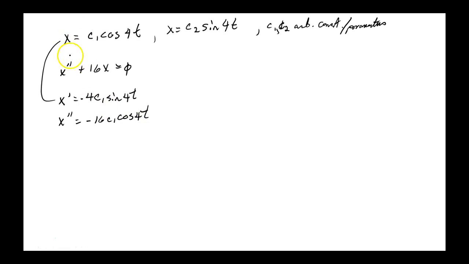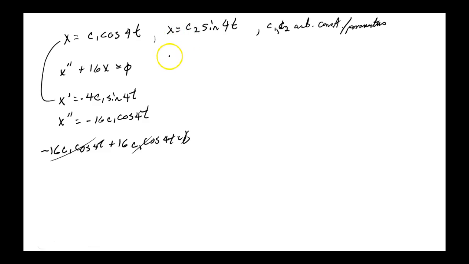And sure enough, if you plug that into this equation here, you get minus 16 C1 cosine 4t plus 16 times x, well, x is C1 cosine 4t. That adds to 0, because minus 16 plus 16, everything else being the same, that's 0.